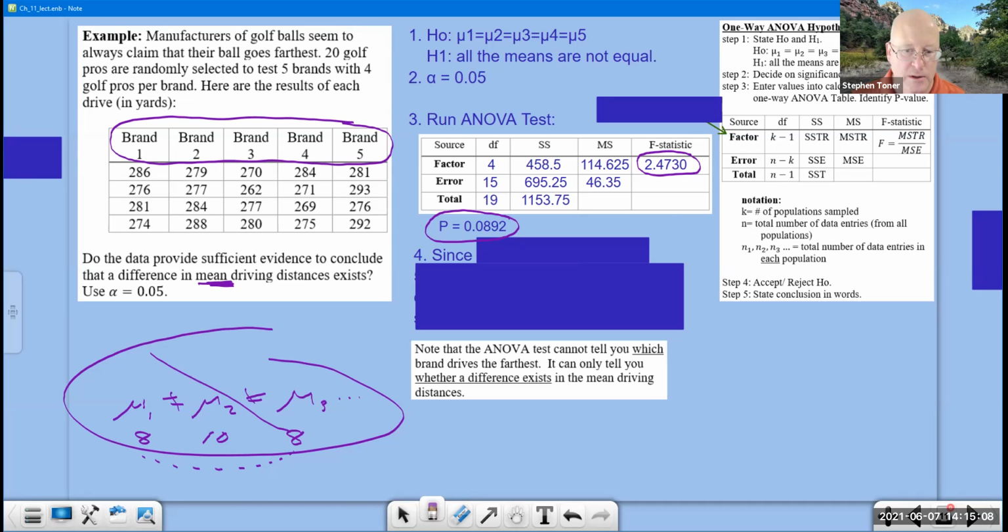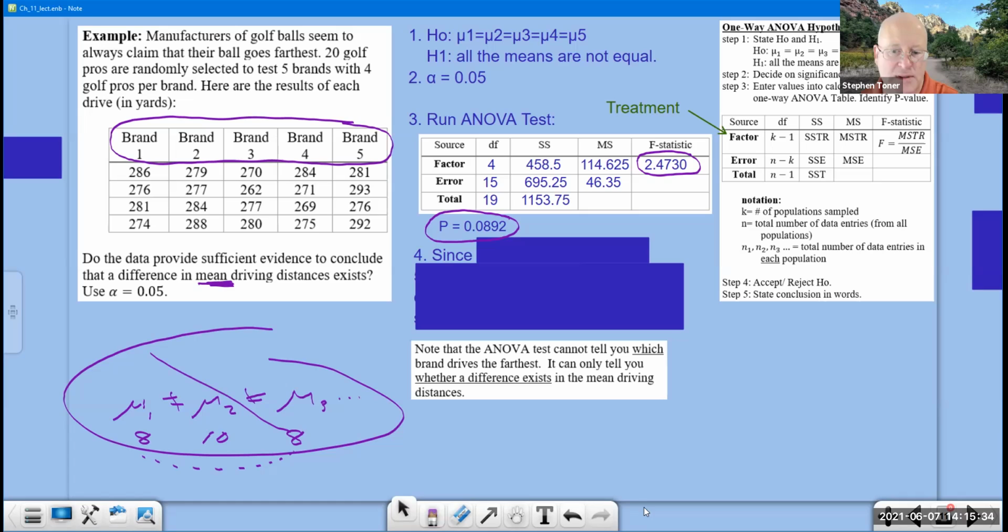When you start looking at it, the calculator says treatment followed by 3 numbers. And those numbers are 4, 458.5, 114.625. Then it says error followed by 3 numbers, which you write down. And then we manually add down these next 2 columns to fill in those last 2 spaces.